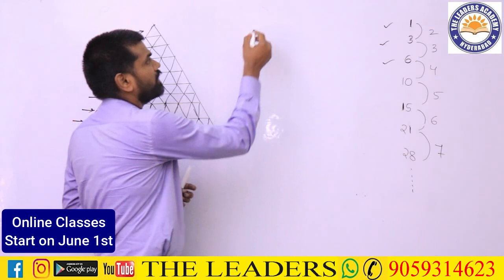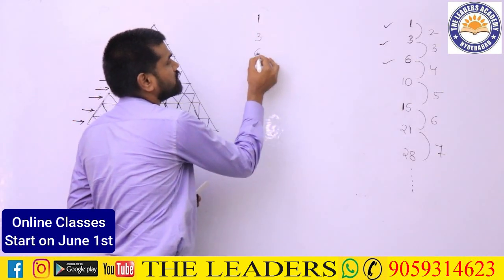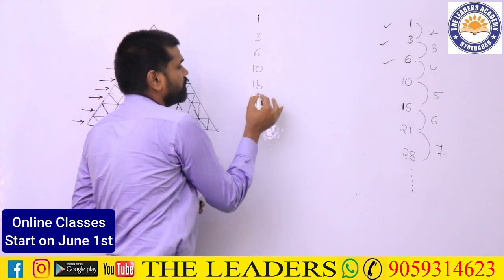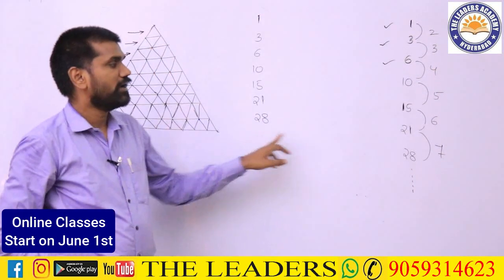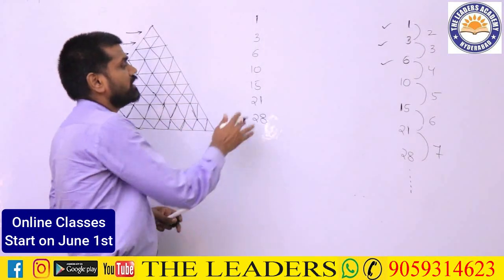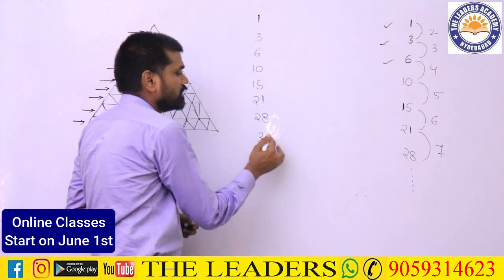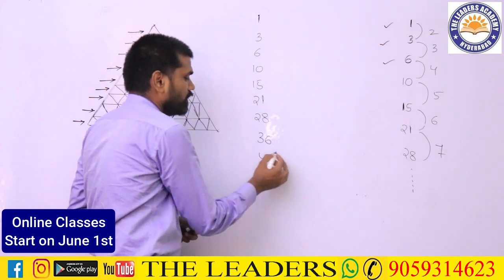So the 9 terms are 1, 3, 6, 10, 15, 21, 28. Till here I have already shown 7 terms. The next difference has to be 8, which gives 36. The next difference has to be 9, hence it has to be 45.